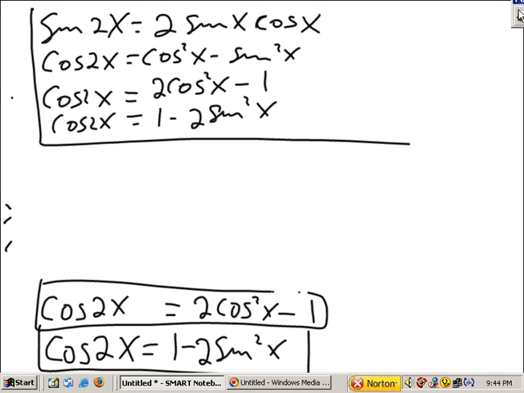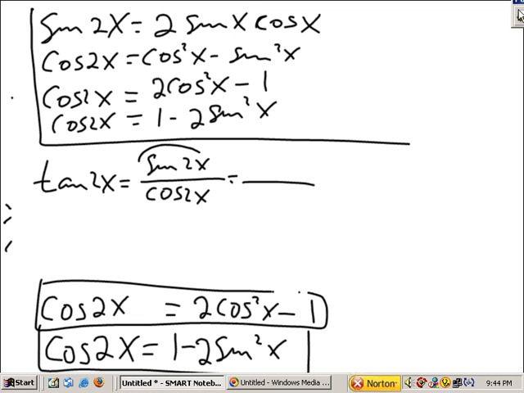Now, for me, if somebody asked me what the tangent of 2x is, I would say, oh, I know that. It's the sine of 2x over the cosine of 2x. That is, I would pick one of the formulas for sine 2x, namely 2 sine x cosine x, and I would pick a formula for cosine 2x. I'll pick the first one for cosine 2x.